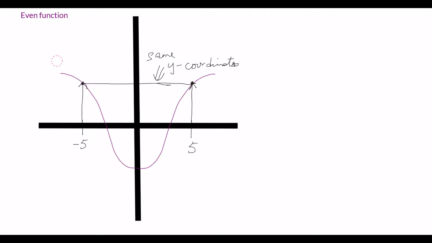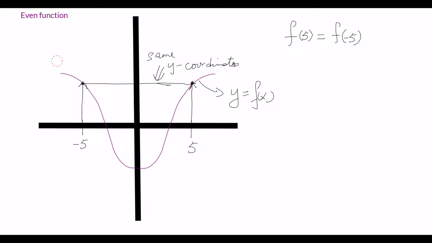And therefore, in this case, if this graph is y equals f(x), it means when we input the x values to these functions, we can get the corresponding y values. And therefore, when x equals 5, when we calculate the y coordinates, it's always the same as the case when x equals -5.